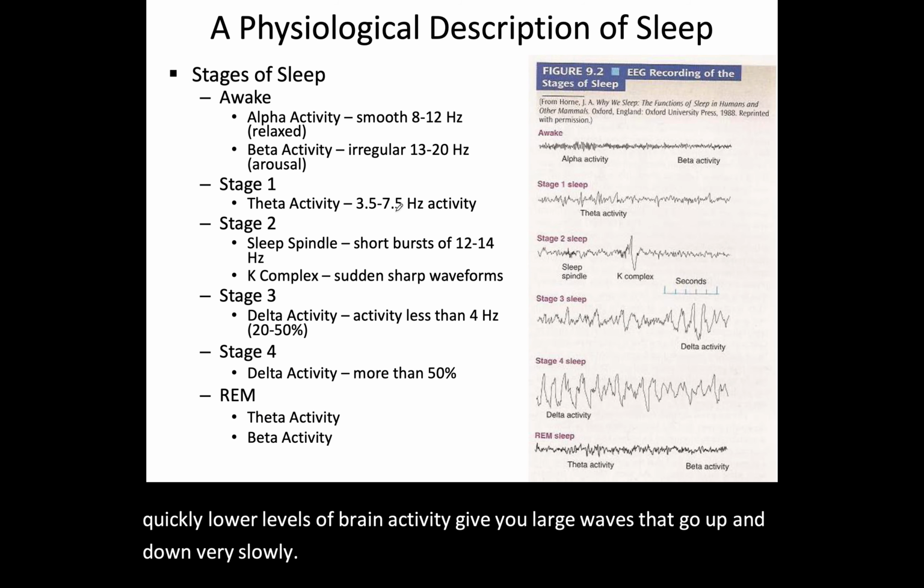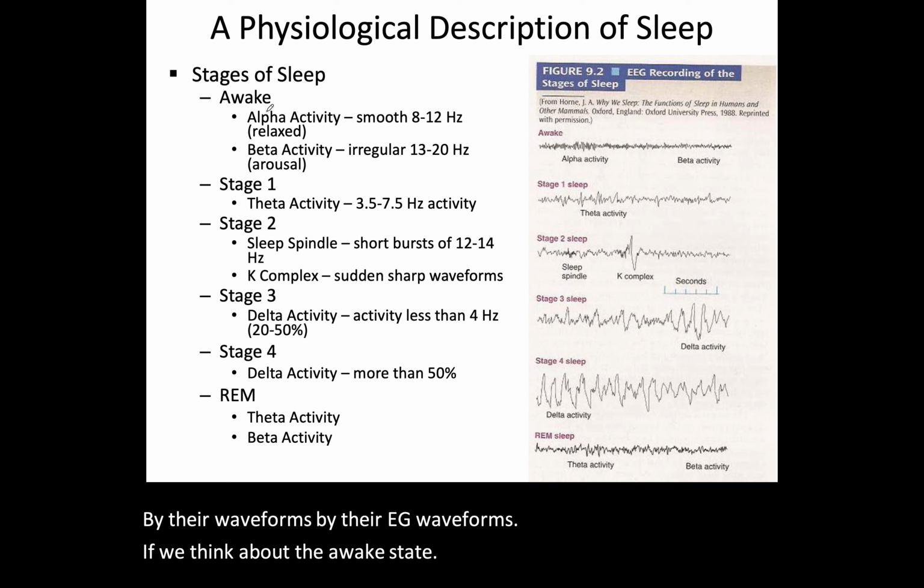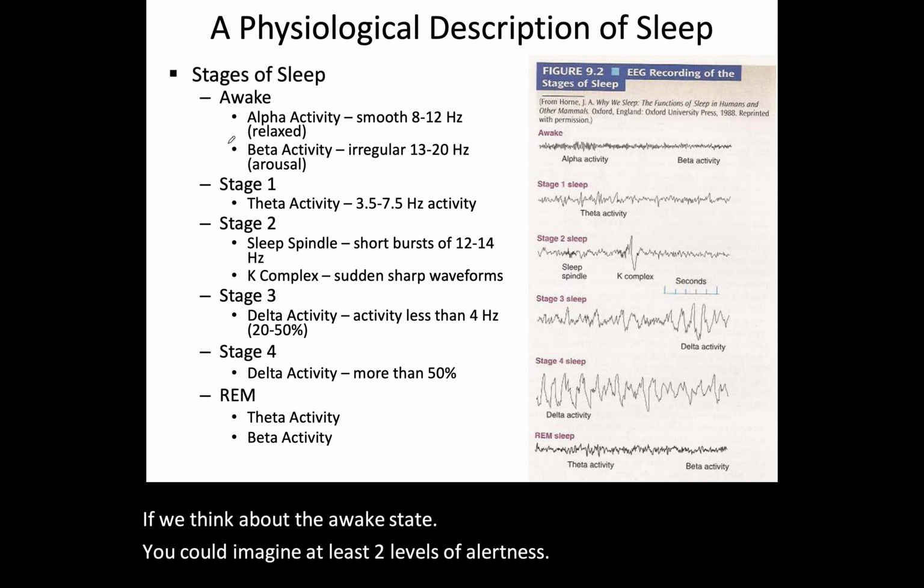So when we look at stages of sleep, we see that we differentiate them by their waveform, by their EEG waveform. If we think about the awake state, you could imagine at least two levels of alertness: highly aroused and more relaxed.